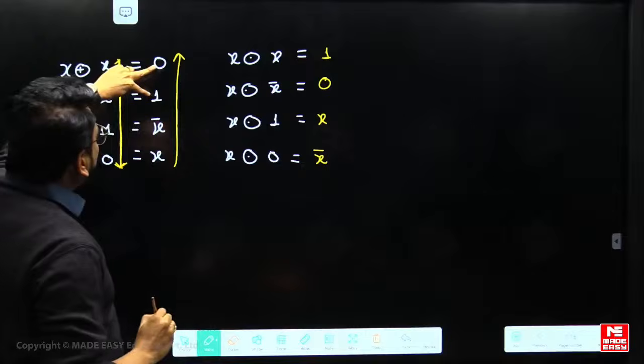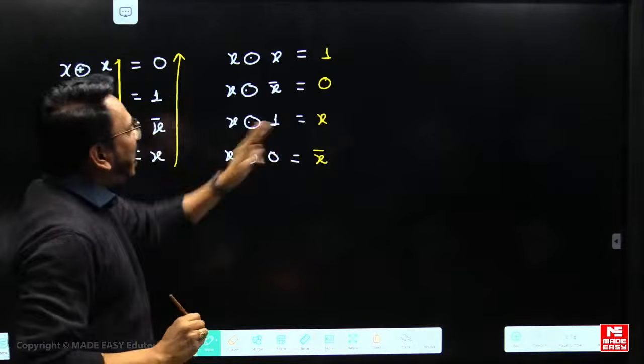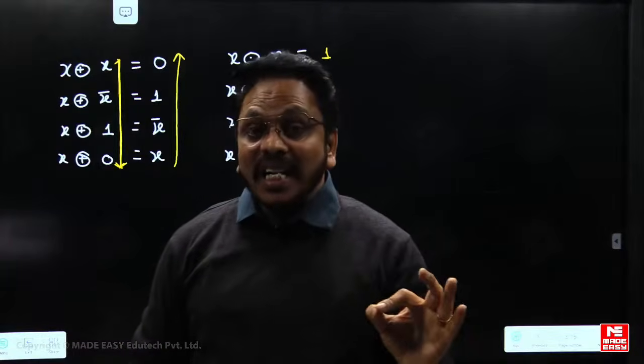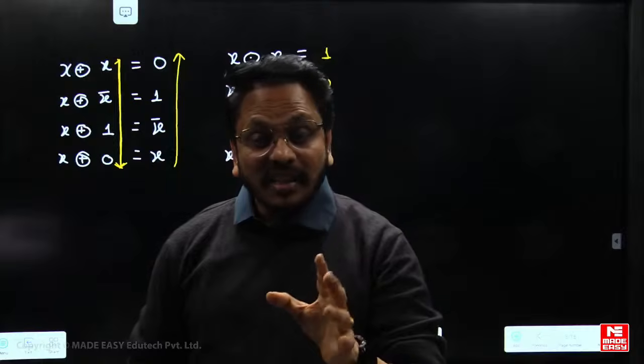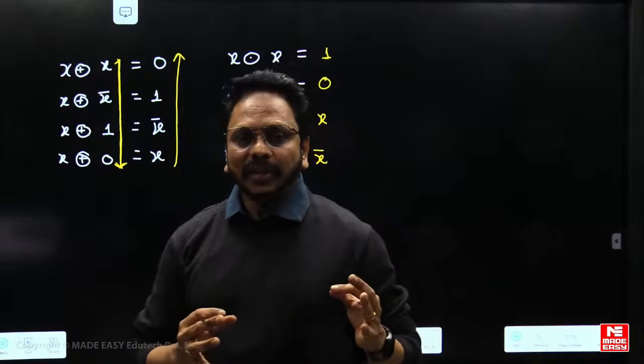So these two are shifted like that, and X bar X is also made like that. In this manner, for any XOR or XNOR question, when these are on our fingertips, you can solve the question in a simple way.